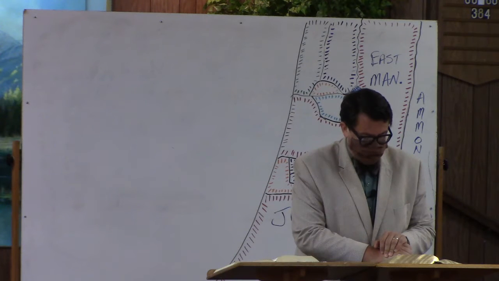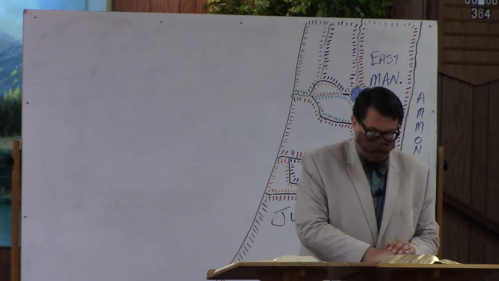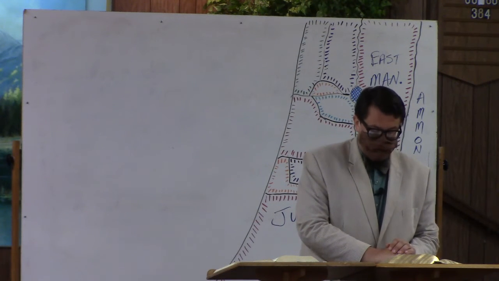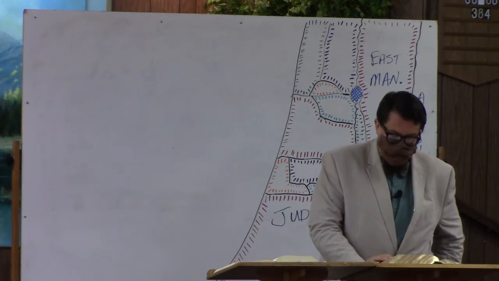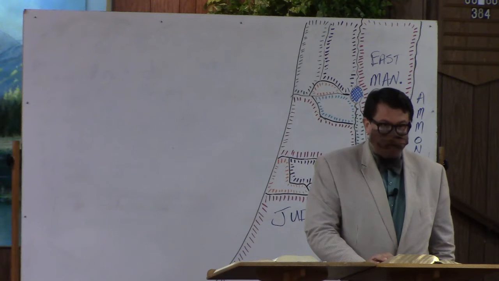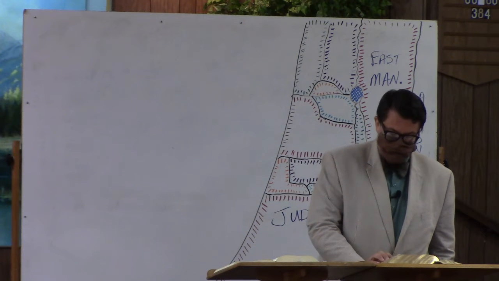Then the boundary goes up by the valley of the son of Hinnom at the southern shoulder of the Jebusite, or your translation might say Jebus, or the Jebusite city, that is Jerusalem. And the boundary goes up to the top of the mountain that lies over against the valley of Hinnom on the west, at the northern end of the valley of Rephaim.